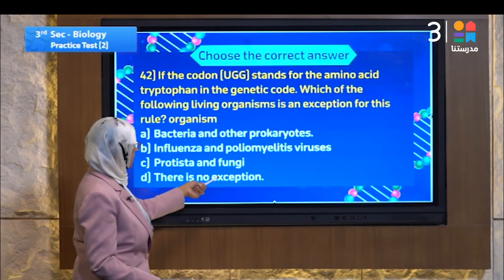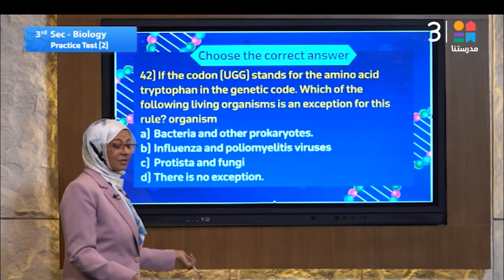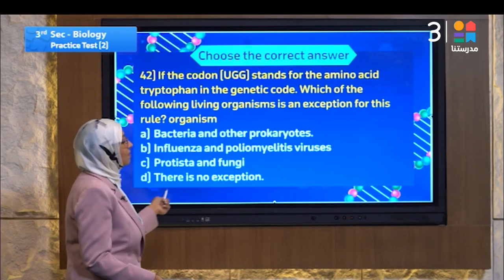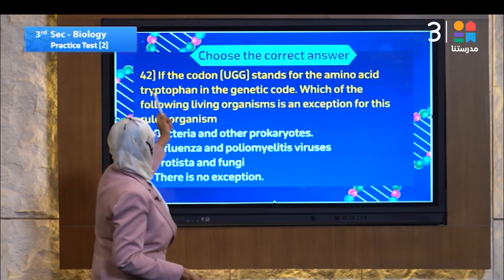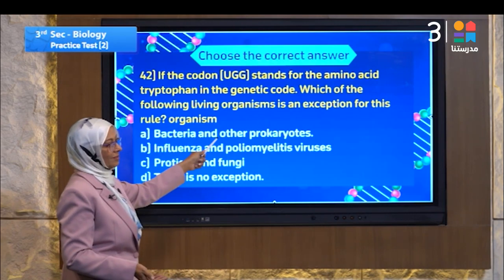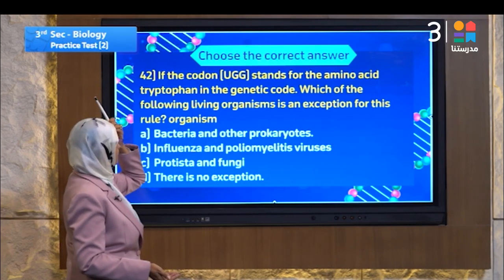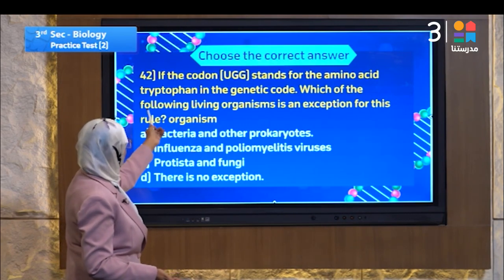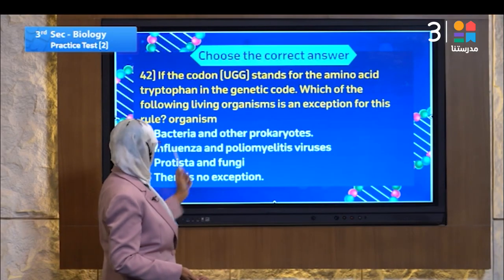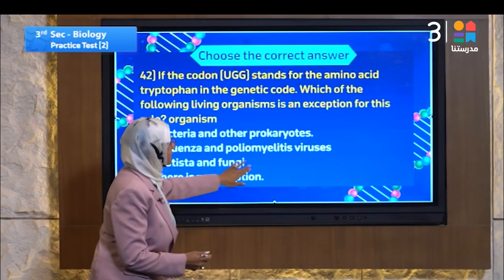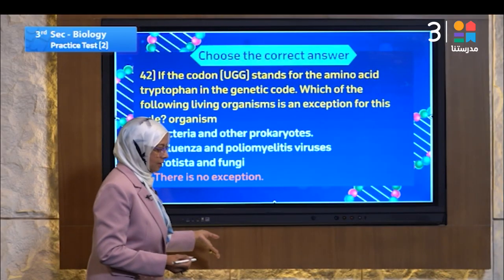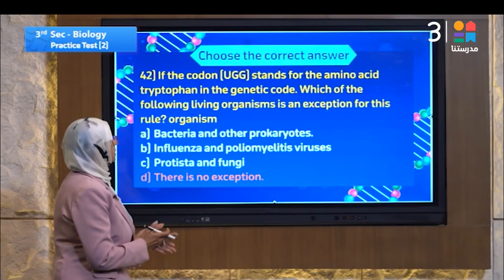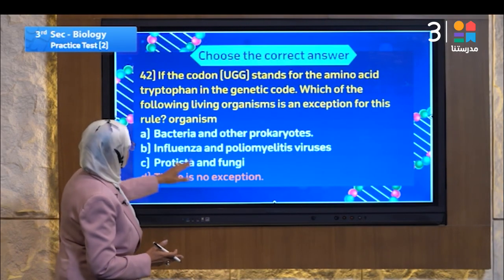Protista and fungi, no exception. So the answer is no exception. UGG is the tryptophan amino acid. It is no exception, so the answer is D. That's the code UGG for tryptophan.